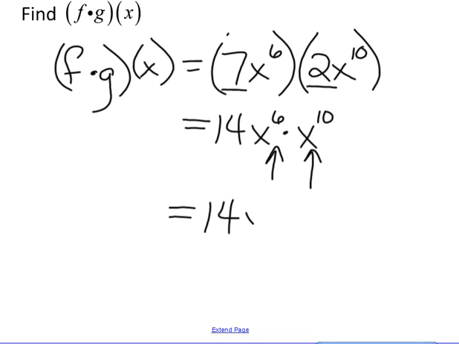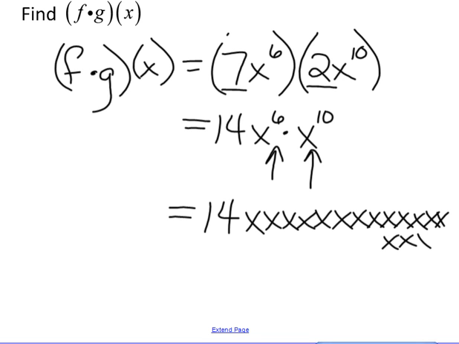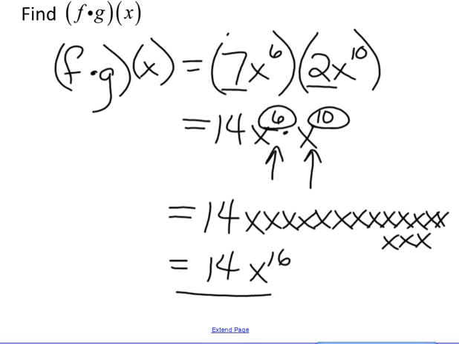So I could write all of these, 1, 2, 3, 4, 5, 6, and then I could write 10 more. Ran out of room. Or you could do a shortcut and say, oh, I've got 6 of them here, I've got 10 of them there. Altogether, I have 16 x's being multiplied.